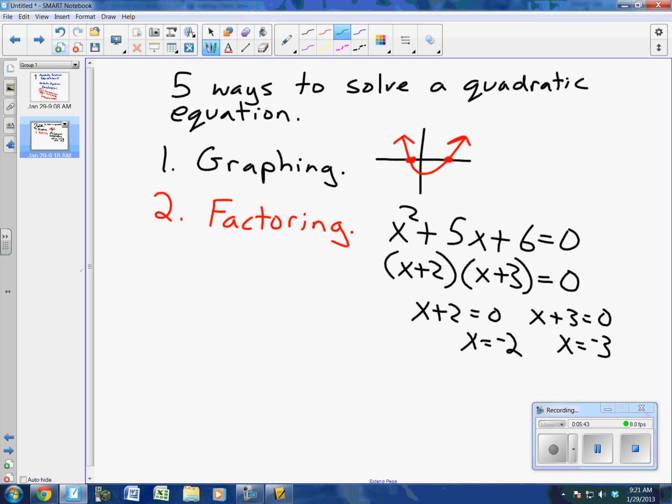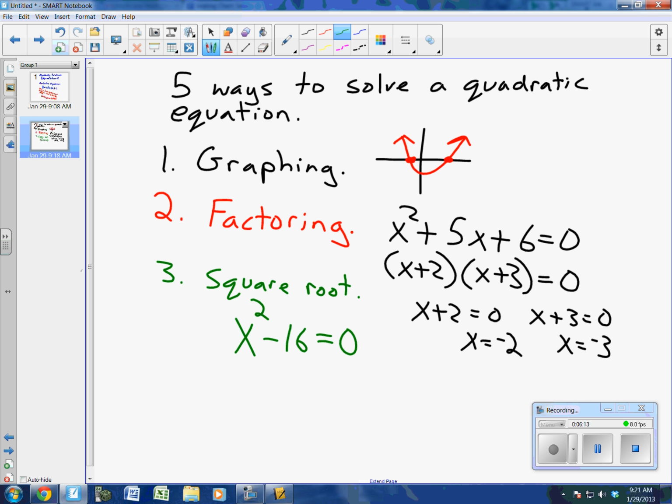Okay, method 3. This one is by taking the square root of both sides. For example, let me show you this one right here. Let's say I had x squared minus 16 equals 0.